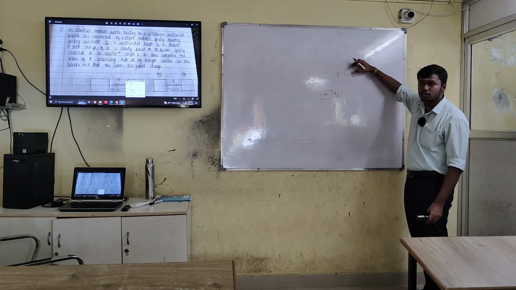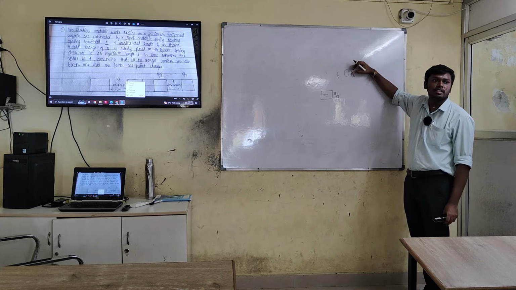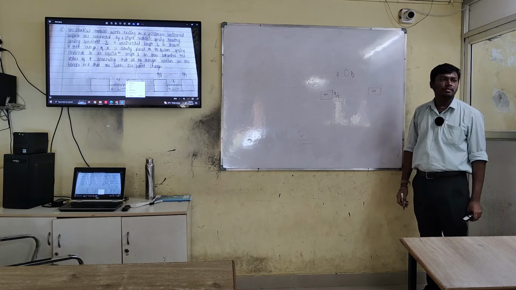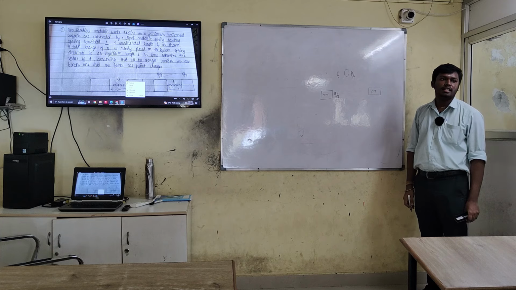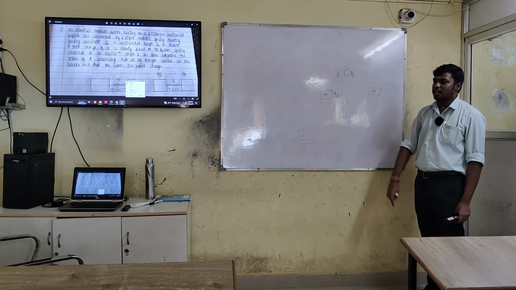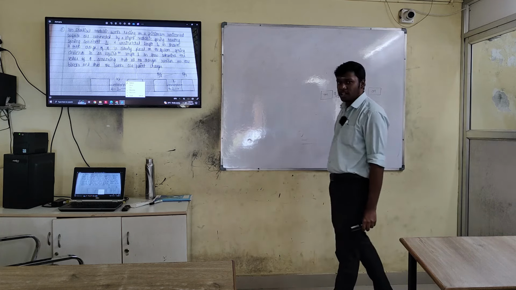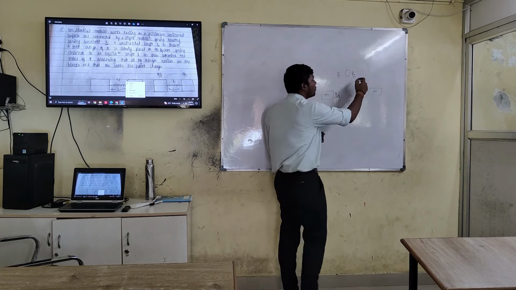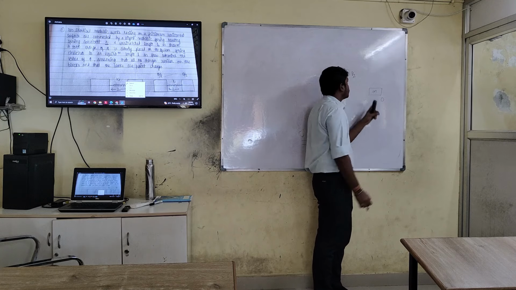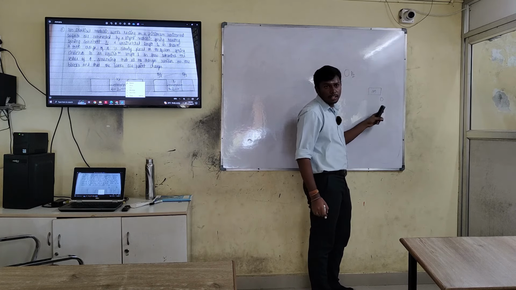After touching this, the charge I took has Q by 2. With this I am touching another uncharged body. Is it Q by 2 or Q that I am touching with? Q by 2, and the charge of this body is 0. So what will be the final charge of this body?